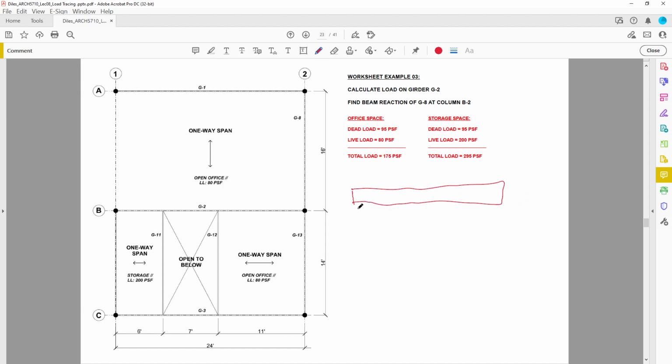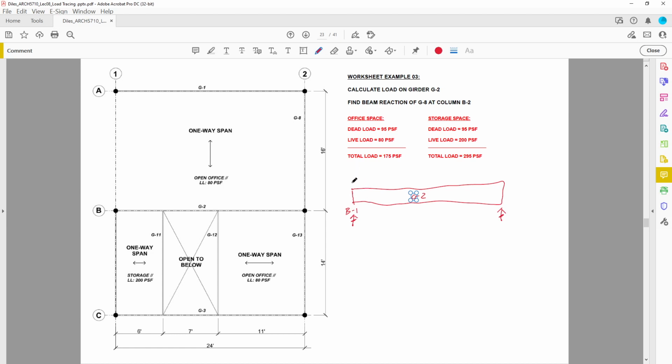All right, so this is going to be our free body diagram for G2. And we'll be looking at it, let's say, in this direction, which means that B1 is going to be here. And that's going to be our column supporting it there. And we have B2 over here. And this is our column supporting it here.